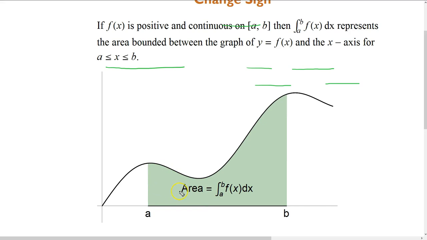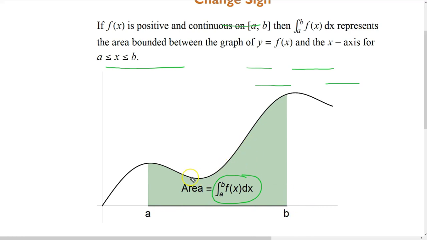So we see the area of the shaded region is the definite integral from a to b of f of x dx. And also notice how we have the smaller number in the lower limit and the larger number in the upper limit. So this is how we properly interpret the area bounded between the graph of f and the x-axis for x between a and b.